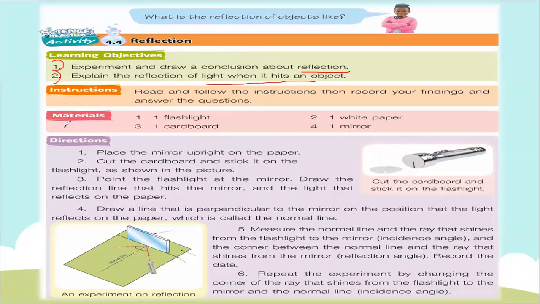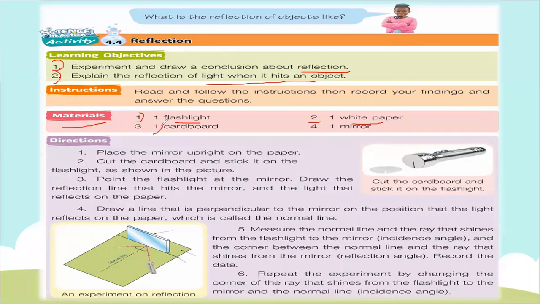Now for this experiment, we require some materials. What kind of materials do we require? Number one, a flashlight. Number two, one white paper. Number three, a cardboard.